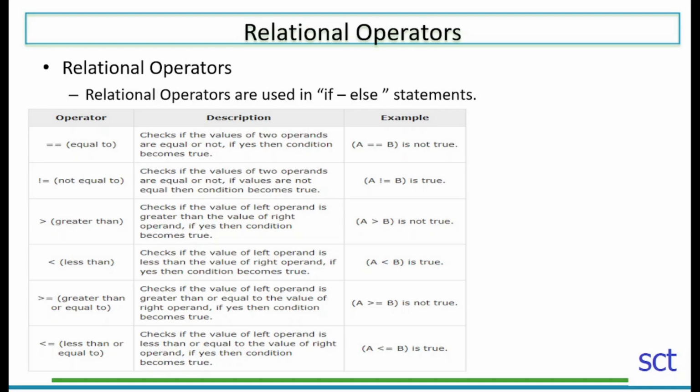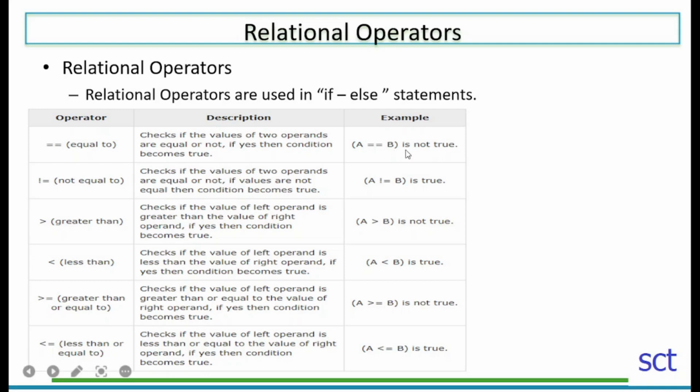So the first operator what I am going to tell you is equal to operator, equal to equal to. So if A is equal to 10 and B is equal to 20, A equal to equal to B will give you the result as false. Okay.